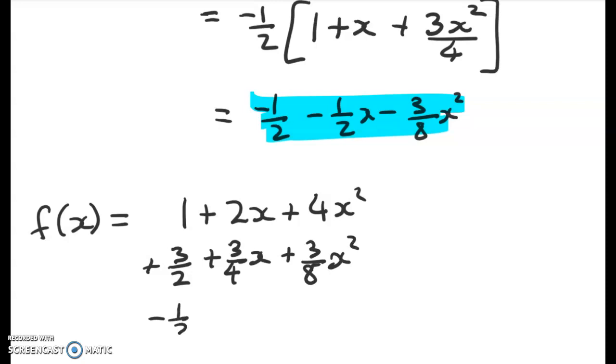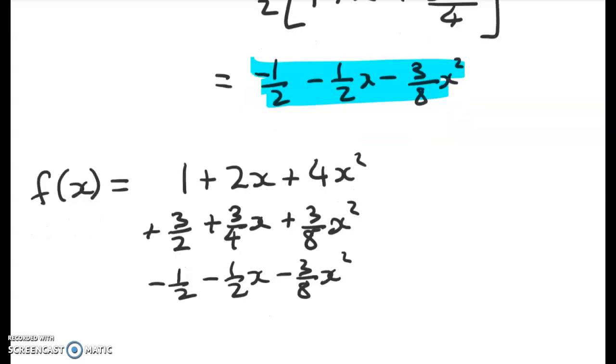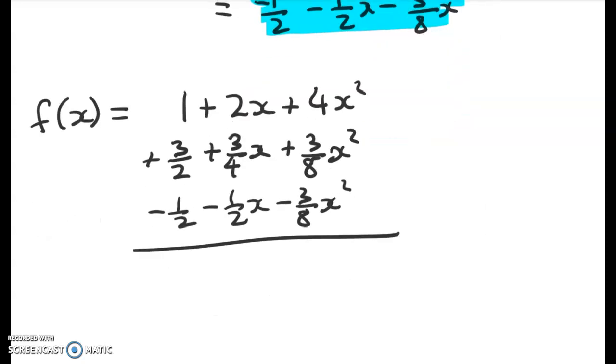And now we have minus 1/2 x minus 3/8 of x squared. That gives me 1 plus 1 is 2. Then adding up the coefficients here, we get plus 9 over 4x, 2 3/4 minus 1/2, plus 4x squared.